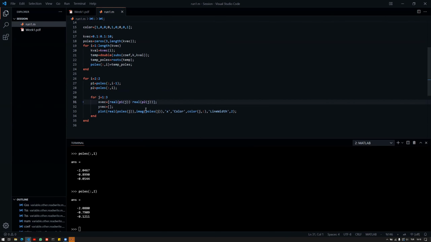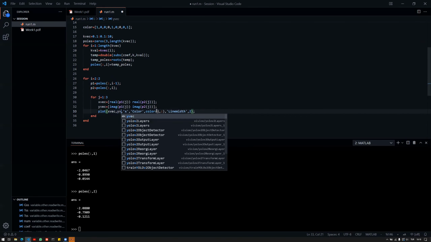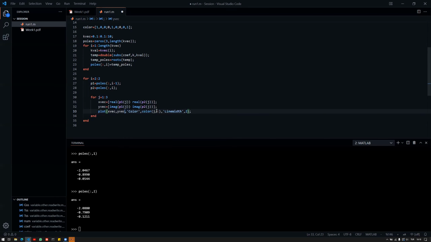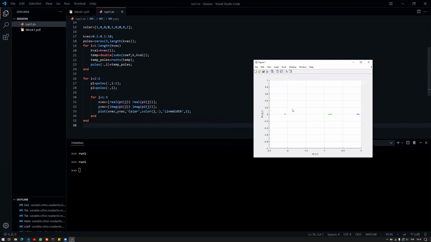And let's repeat the same with imaginary values. So we have P1, P2. Let's take this imaginary part. And then I will provide x vec and y vec. Now I don't need this cross anymore. I have the color and the line. So let me run it first. If I have certain errors, we'll see. But it seems like we don't.